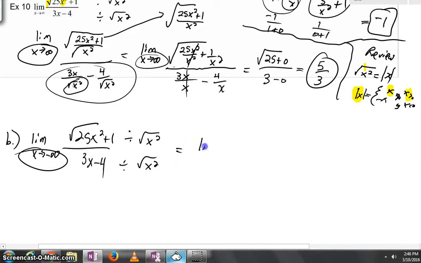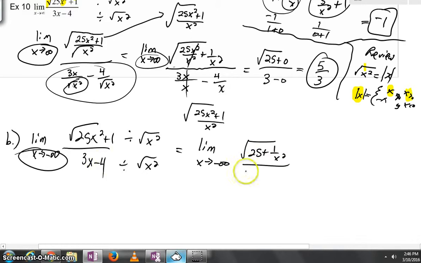And we just saw not too long ago that this is effectively saying that we've got the square root of 25x squared plus 1 all over x squared. Just making this a little bit shorter work, you'll have this. And then you'll say 3x all over the square root of x squared minus 4 all over the square root of x squared.